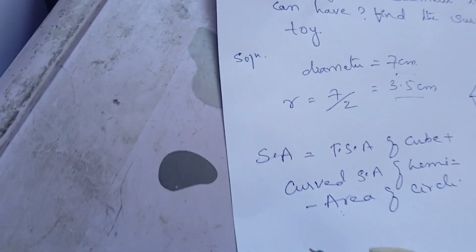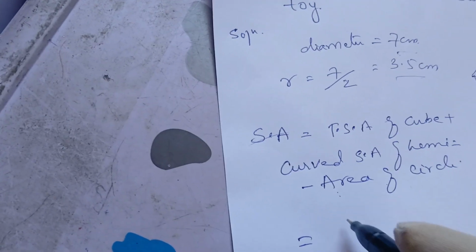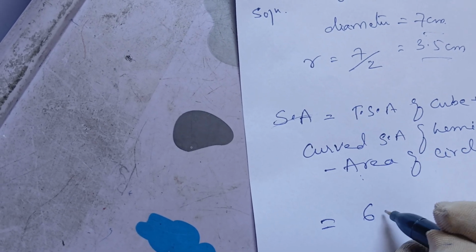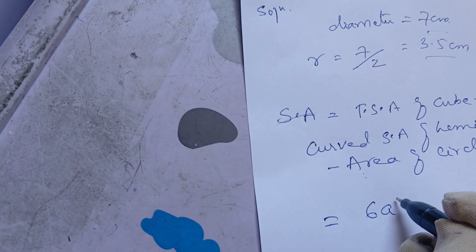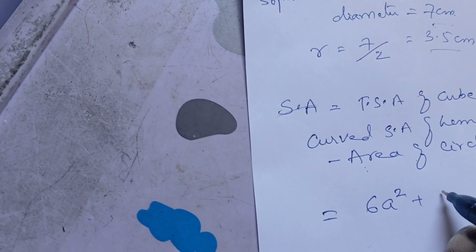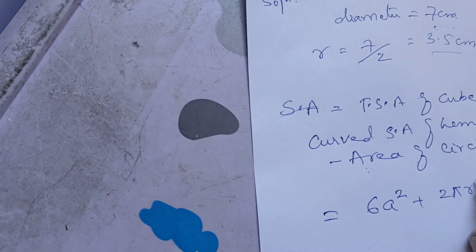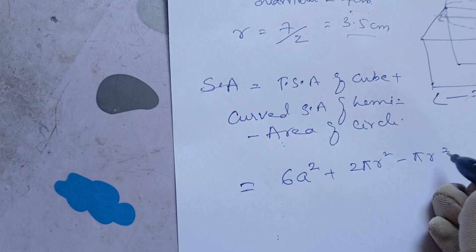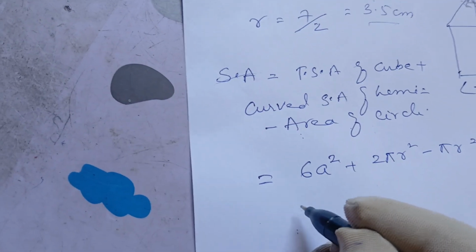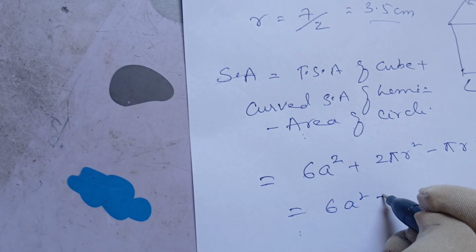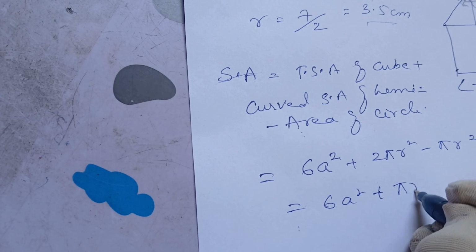So we can write the formula: the total surface area of a cube is 6a square, plus the curved surface area of the hemisphere, minus the area of a circle, pi r square. So we get 6a square plus, minus minus, we place the plus sign, pi r square.